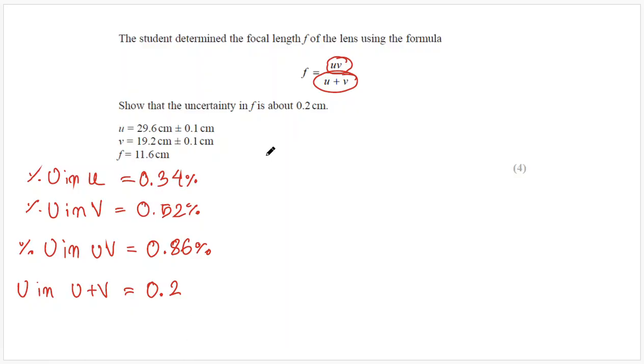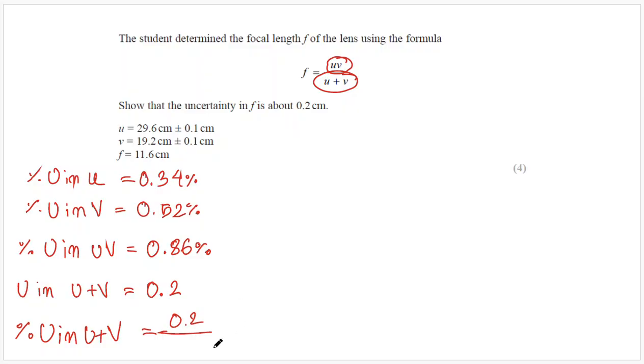Then you need to find out percentage uncertainty in U plus V. So the equation remains the same, uncertainty 0.2 divided by the value of U plus V. So you add up U plus V, 29.6 plus 19.2.